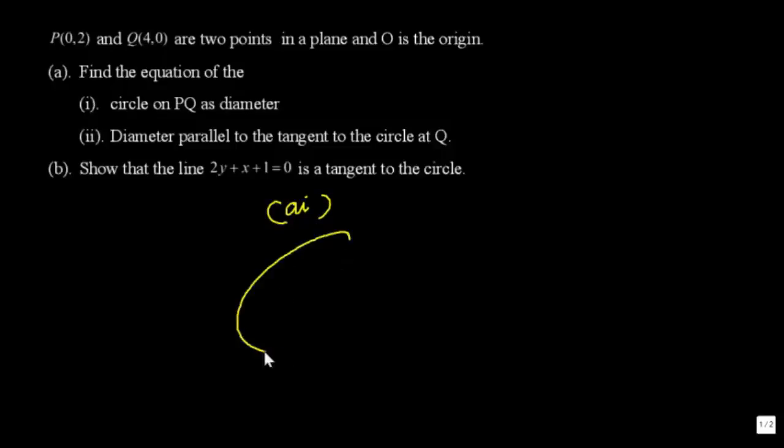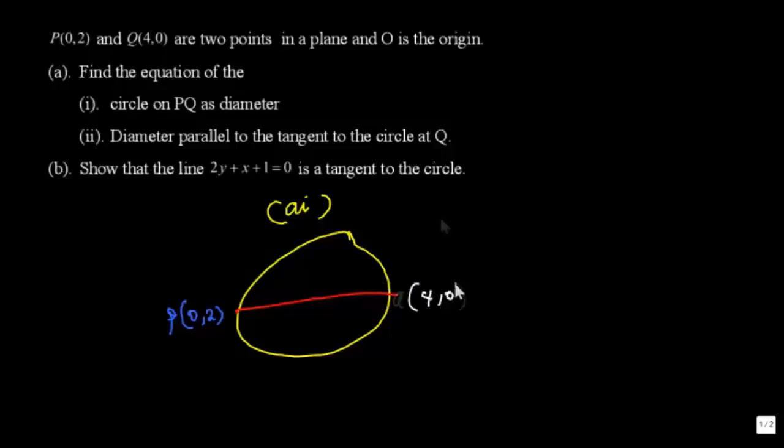So let's assume this is the circle, and the circle has PQ as its diameter. Point P is (0, 2) and point Q is (4, 0).